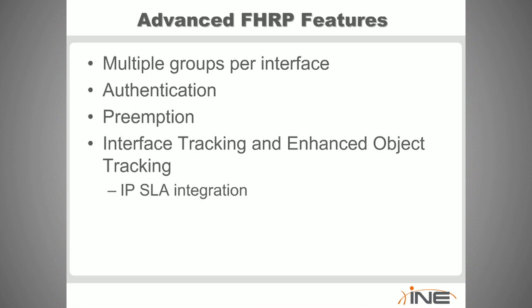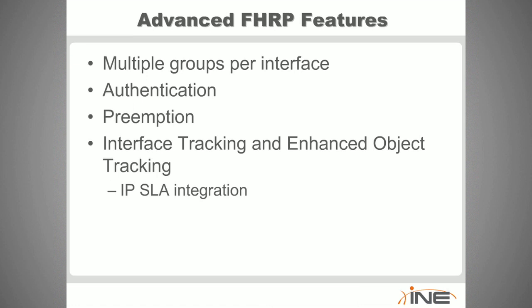Now, beyond this basic feature for all three of them, where we are virtualizing the IP address association to the ARP cache, to the MAC address request and reply, they generally support the same features. Beyond this, things like authentication for security. You could run multiple groups per interface if you want to try to do some sort of load balancing within the VLAN.